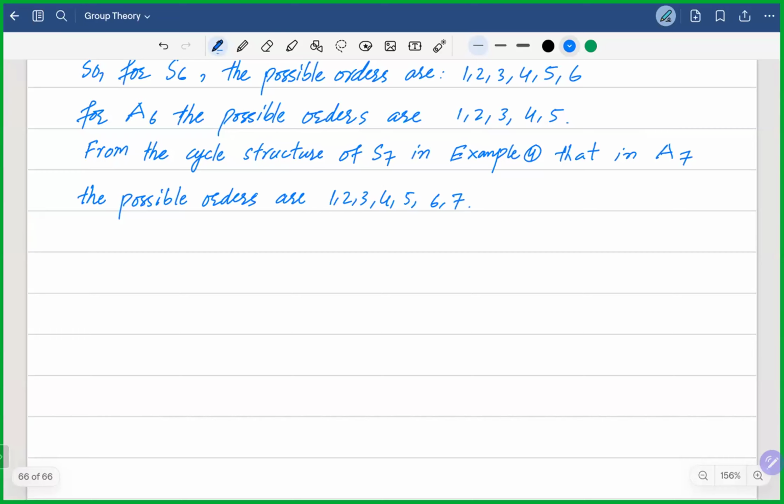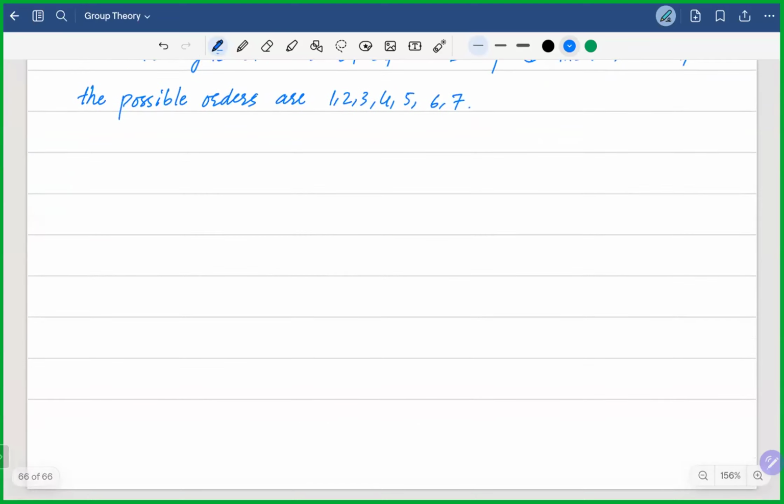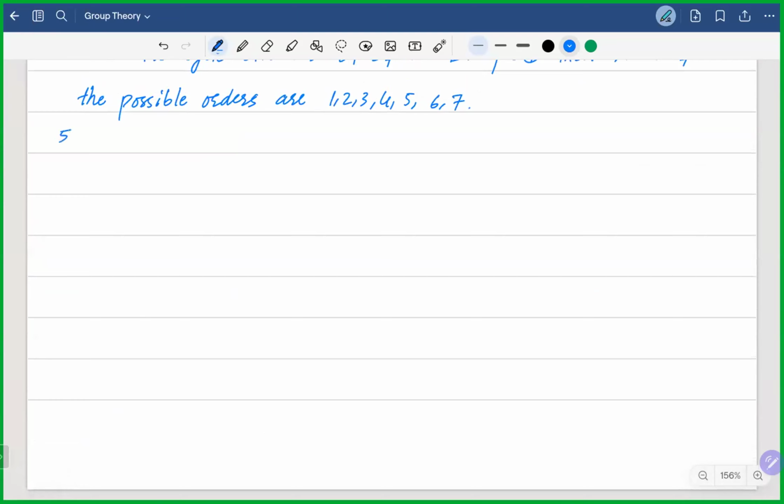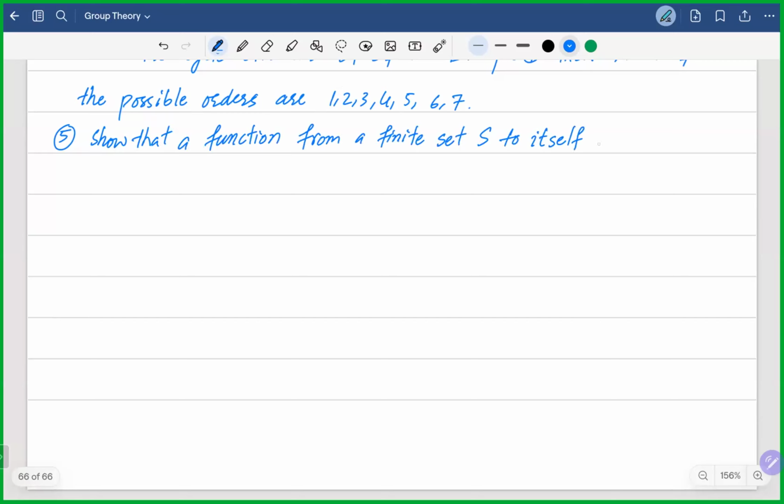So there is this exercise, number 5, which says: show that a function from a finite set S to itself is 1 to 1 if and only if it is onto.